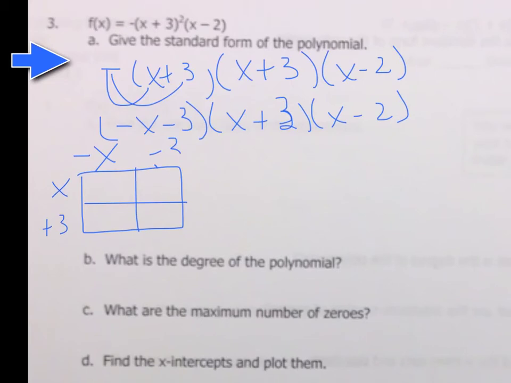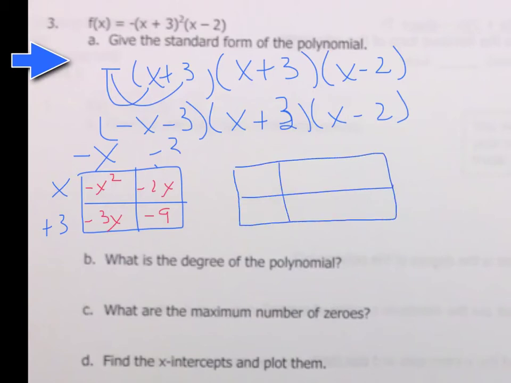So then let's go ahead and fill in the box. Negative x squared minus 2x minus 3x, and that would be minus 9. And I'm going to have to double distribute again. So now I'm going to put my x minus 2 down here. And my new trinomial that I got inside the box here, I'm going to put on the top.